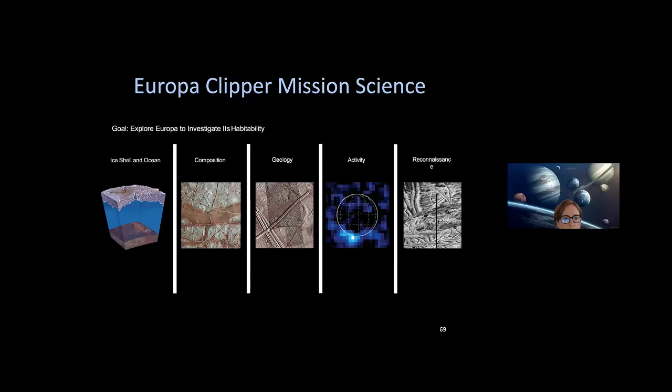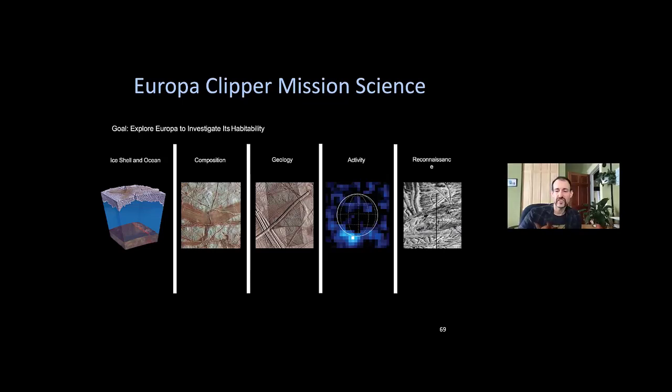Thanks a lot. So one last question. If you had a free wish, is there an instrument not planned for the Europa Clipper mission which you would love to have on board? That's a question that I will plan to have a good answer for in the future.